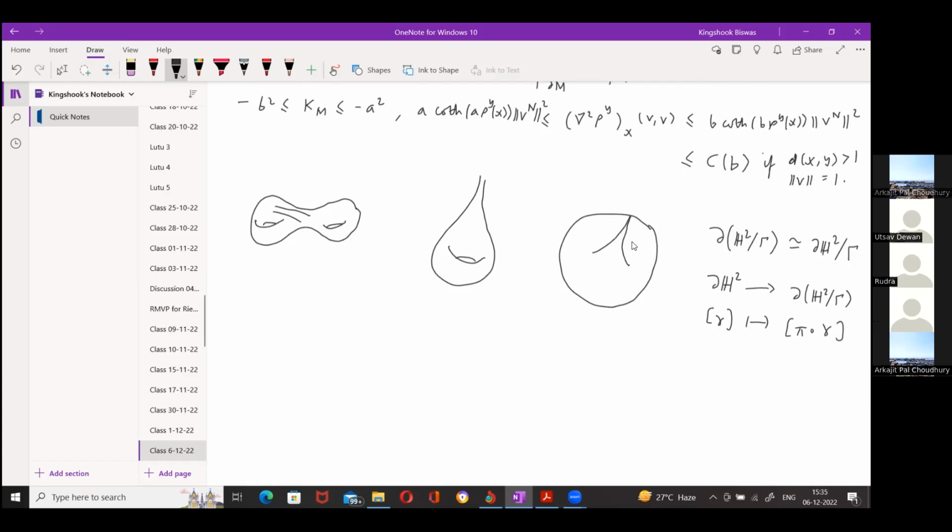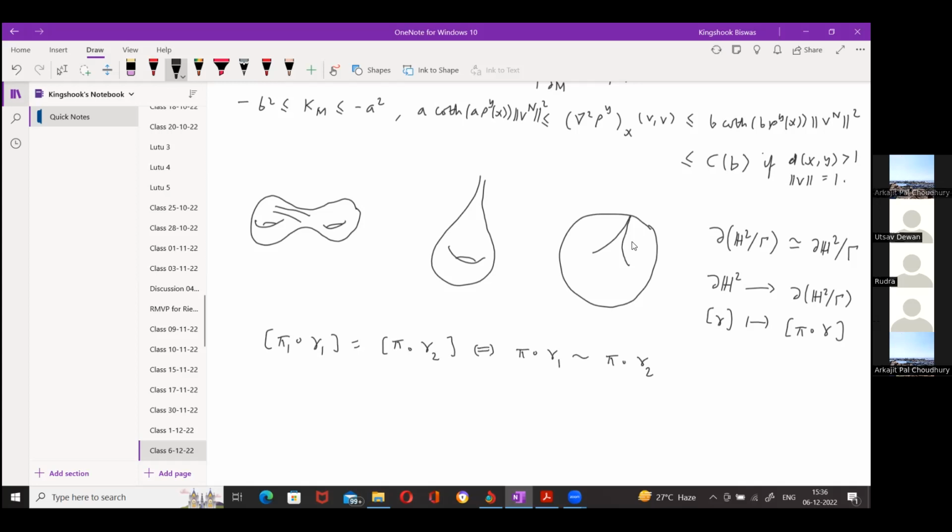If pi composed gamma 1 is equal to pi composed gamma 2, this is if and only if pi composed gamma 1 is equivalent to pi composed gamma 2.